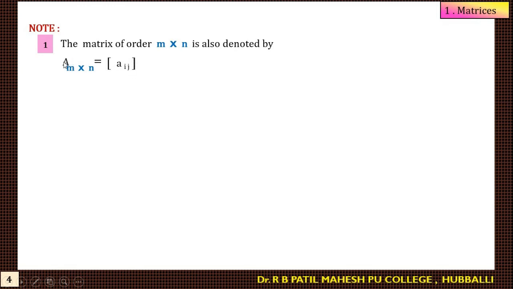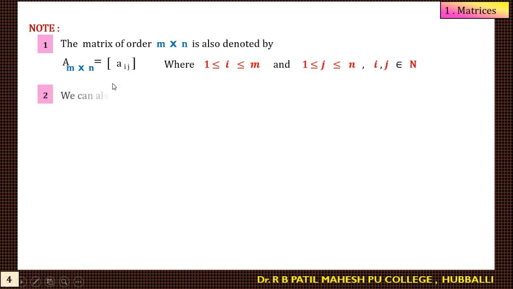Either you can represent a matrix as A m cross n, otherwise Aij, where i is less than or equal to m, greater than or equal to 1, and j is less than or equal to n, greater than or equal to 1. So after writing this square bracket and Aij, you have to mention what m and n are, then it becomes a particular order matrix. For example, if the matrix is of order 3 cross 4, then m becomes 3 here and n is 4.